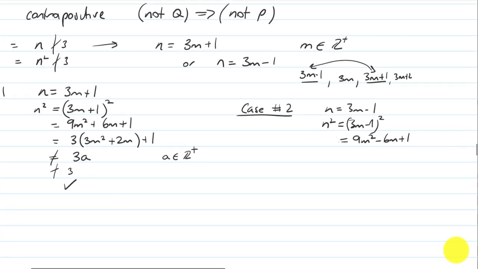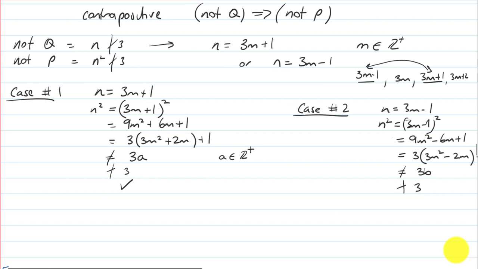And this is equal to 3 times (3m squared minus 2m) plus 1. I'm sure you can see where this is going now. And that doesn't equal 3 times, I'll just reintroduce a new number here, I want to be careful not to imply that a can be two things at once, 3b, where b is a positive integer, and therefore it's also not divisible by 3.